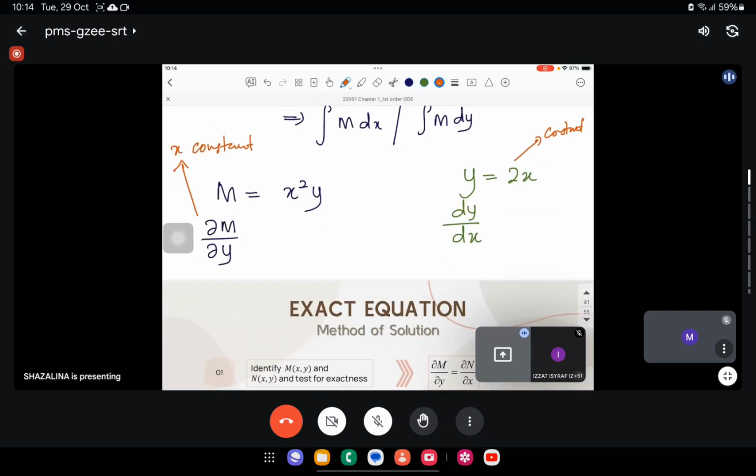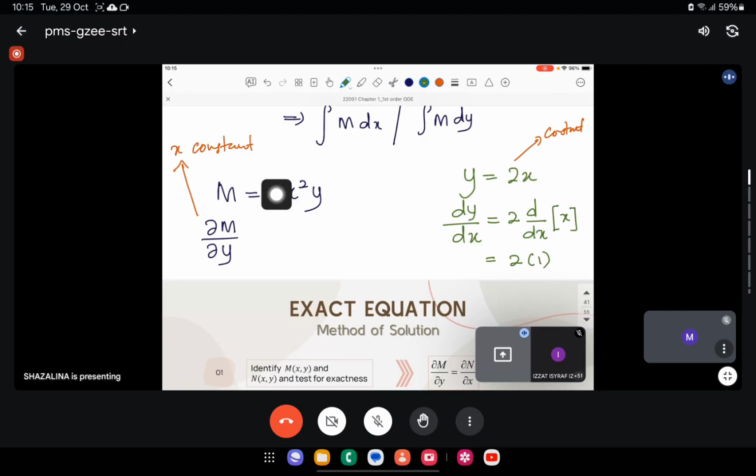When it becomes a constant, 2 we can factorize and only differentiate with respect to x, dx. So perform the differentiation. 2 differentiate x, x power of 1, so the derivative will be 1.